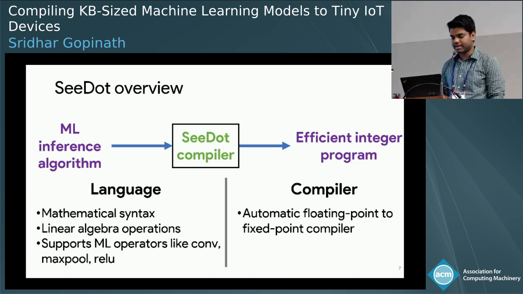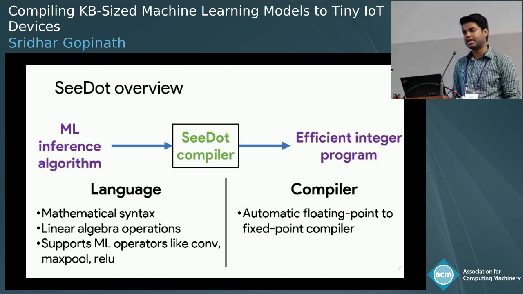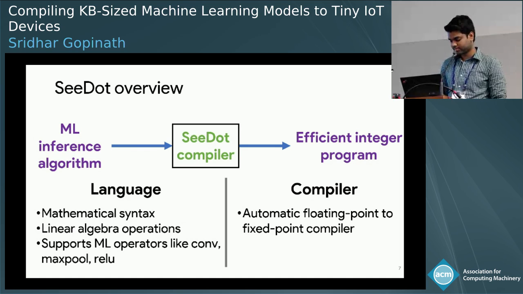The SeeDot compiler automatically generates fixed point programs which don't have any floating point operations in them. In this talk, I'll focus only on the compiler. For more details about the language, please refer to the paper. To understand the challenges in building a fixed point compiler, let's look at the existing alternatives to SeeDot.